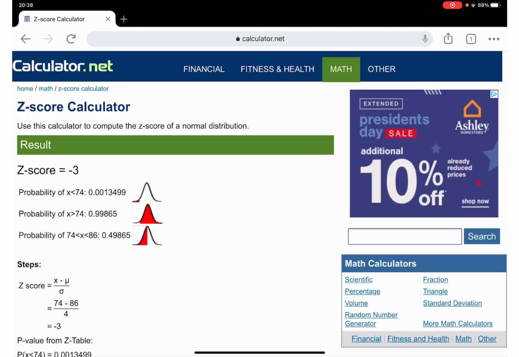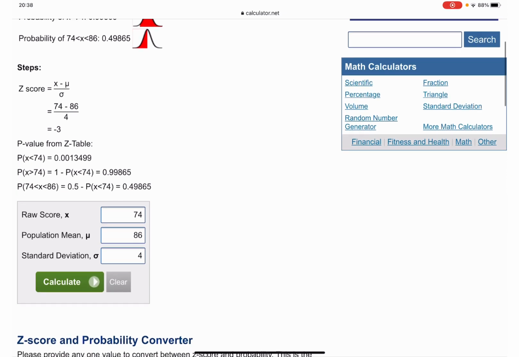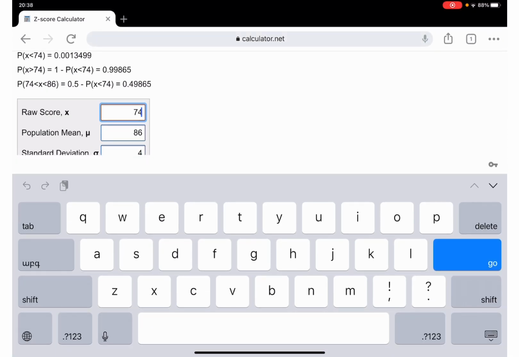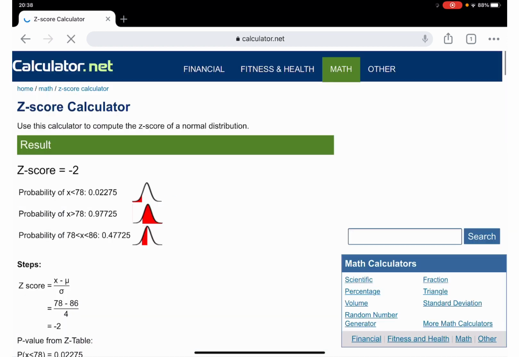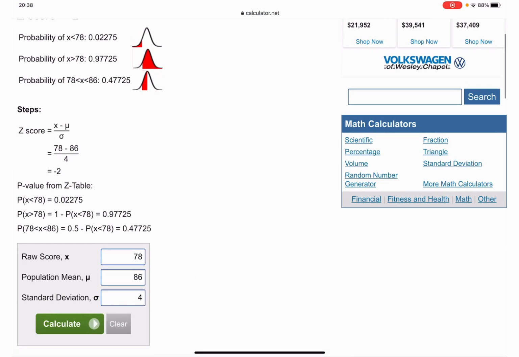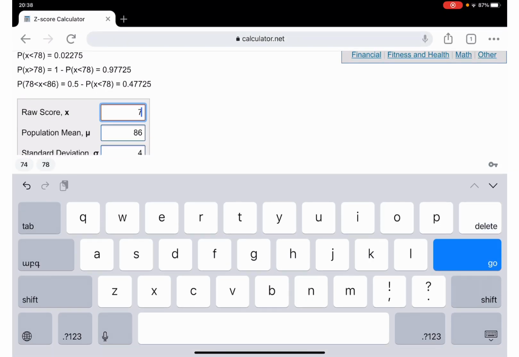So this one we got 0. Let me start with 78. Hold on. I'm going to punch the difference on the calculator. Okay, how much is less than 78? It's going to be 0.02275. See, it's giving more precise. Now we punch for 74.